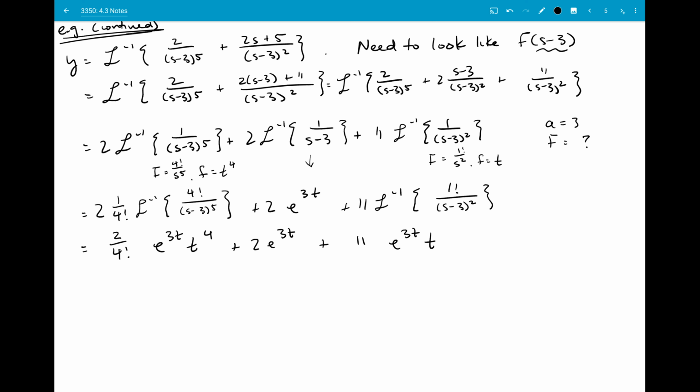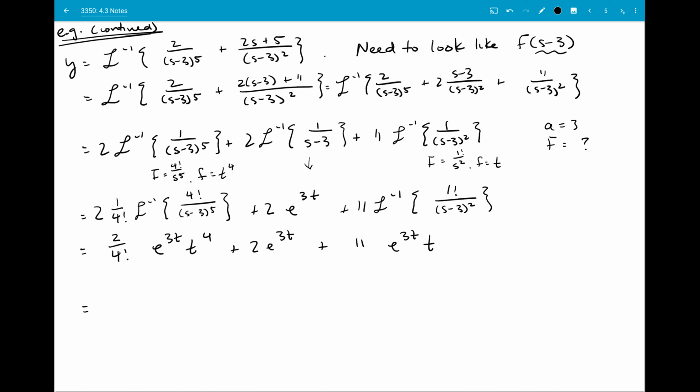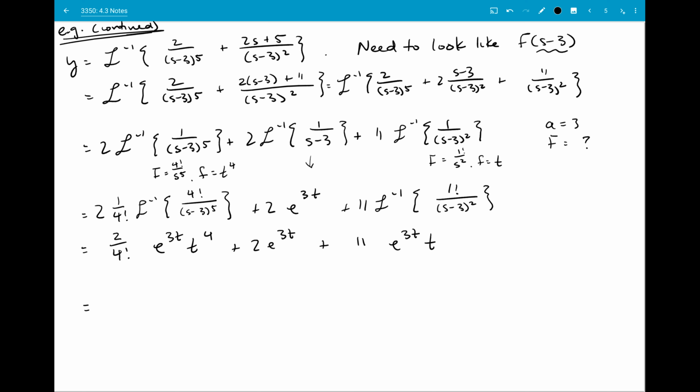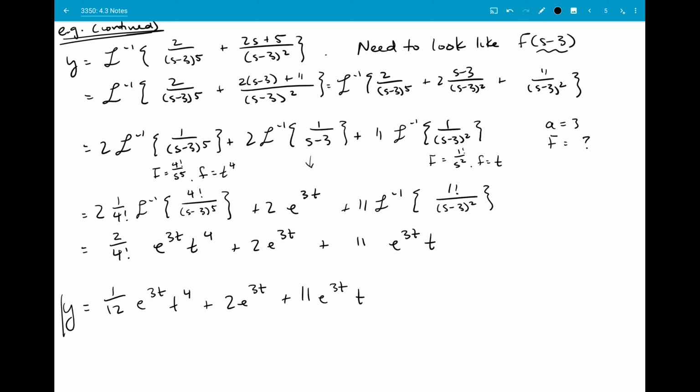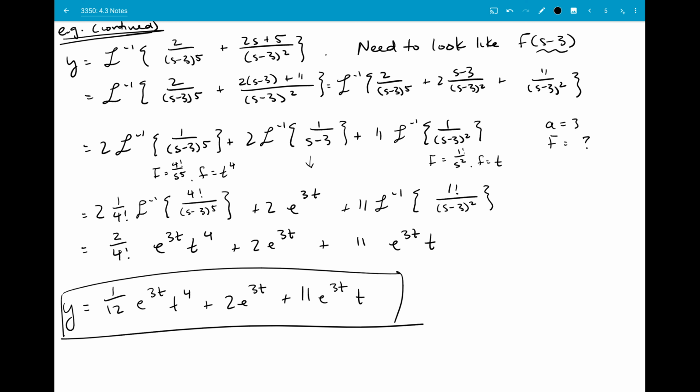And if you want to simplify this, we're going to have y equal to 2 over 4 factorial, which is just 1 over 12, e to the 3t t to the 4th, plus 2 e to the 3t plus 11 e to the 3t times t. And that would be the solution to the differential equation right there.